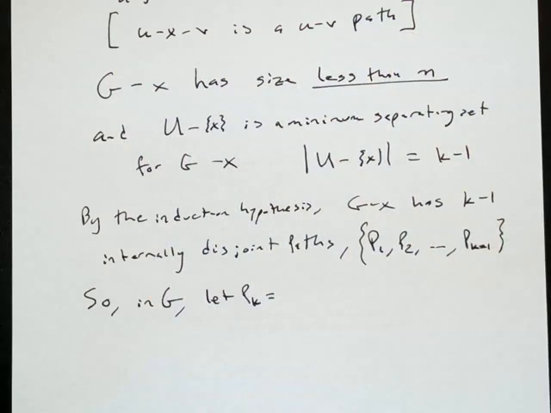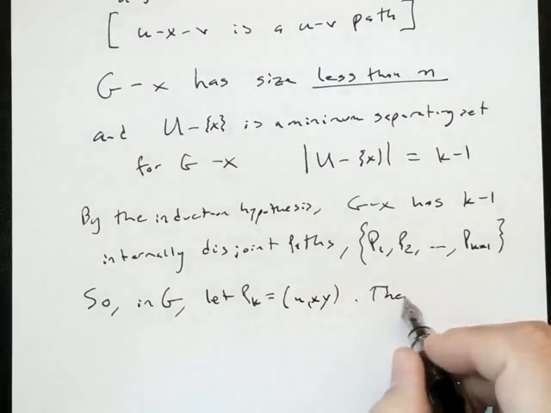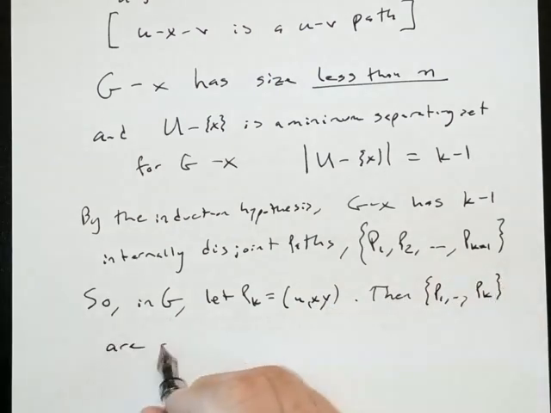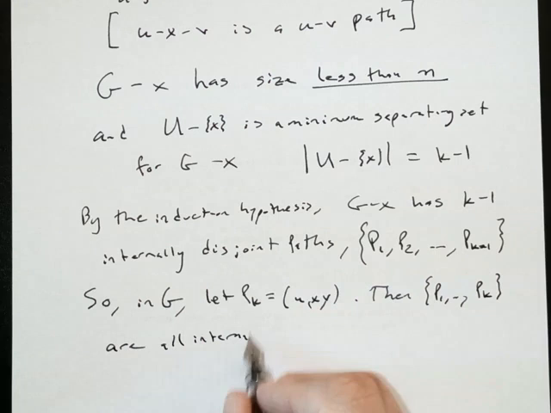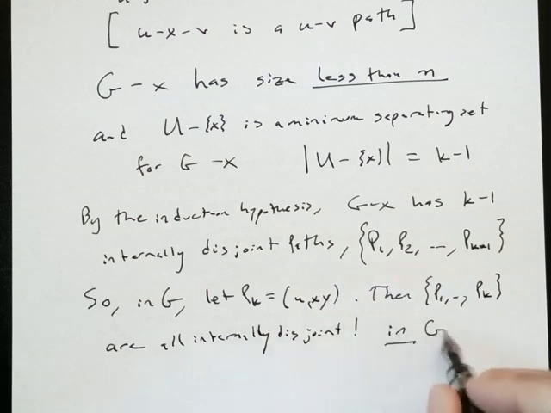And that's in G, and none of these paths can touch X, can they? Because those paths are in G minus X, which means this path is internally disjoint from all of the previous paths. In G, we have exactly K of them, Jonah, and I found exactly what was the missing one.